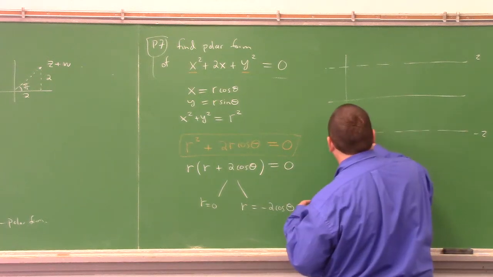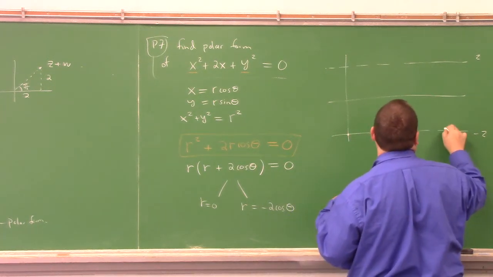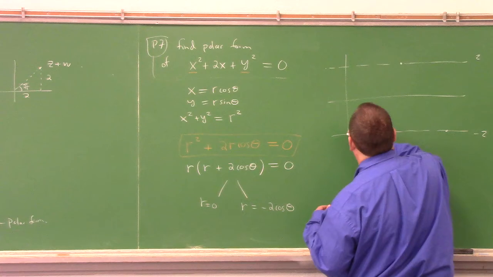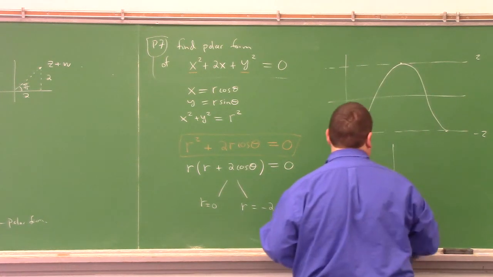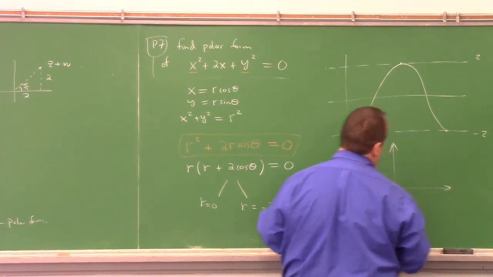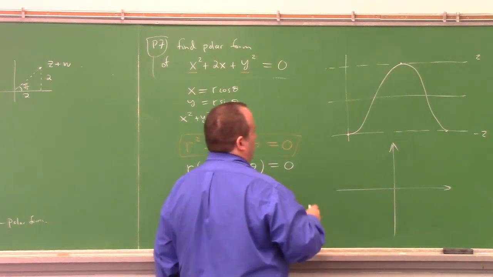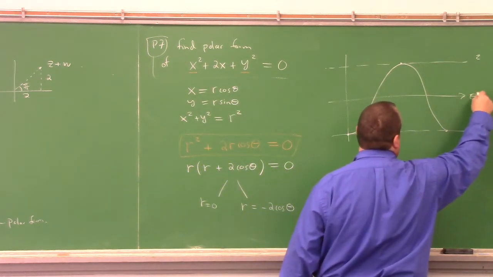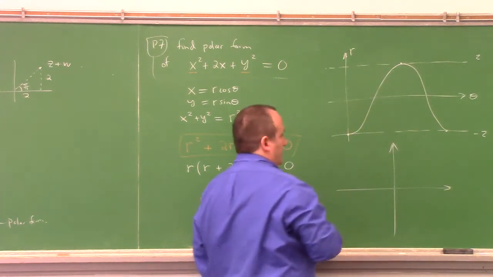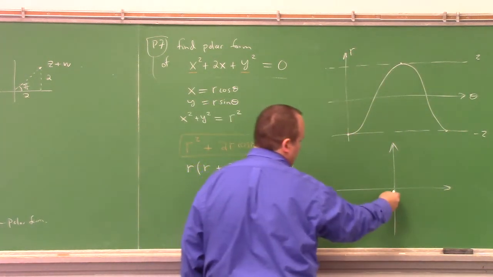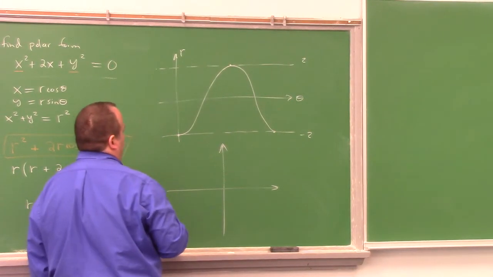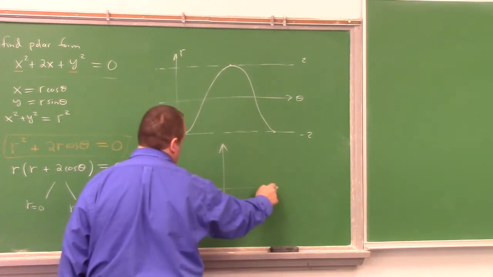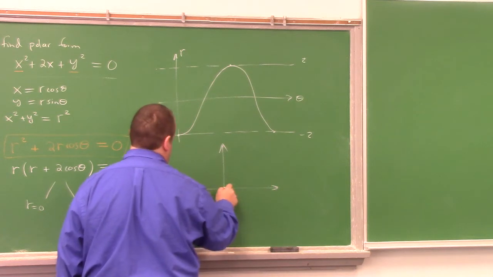So it starts out at minus 2, gets back to minus 2, it's at 2 in the middle, something like that. So we're starting out at 0 at minus 2. So this is 0, but we got a minus, so that puts it over here.